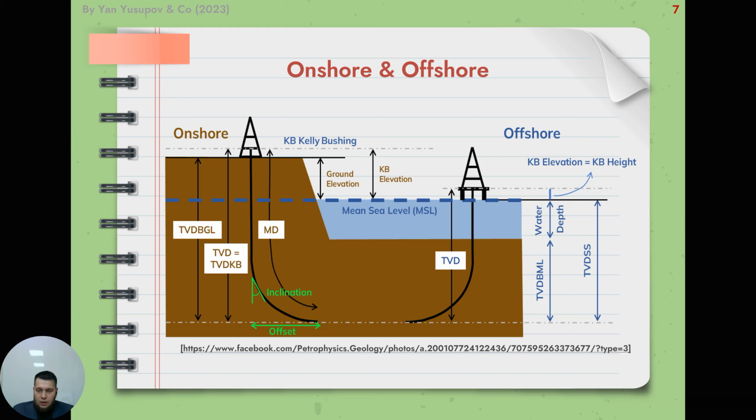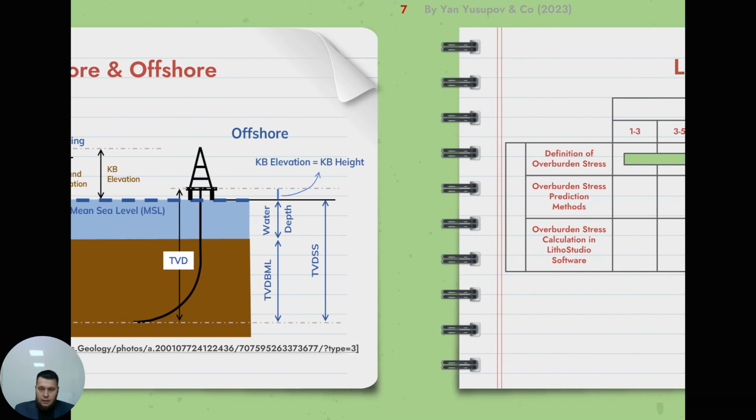True vertical depth below mean level is the vertical distance from Z to Kelly bushing, and true vertical depth subsea is the vertical distance from definite depth Z to mean sea level.